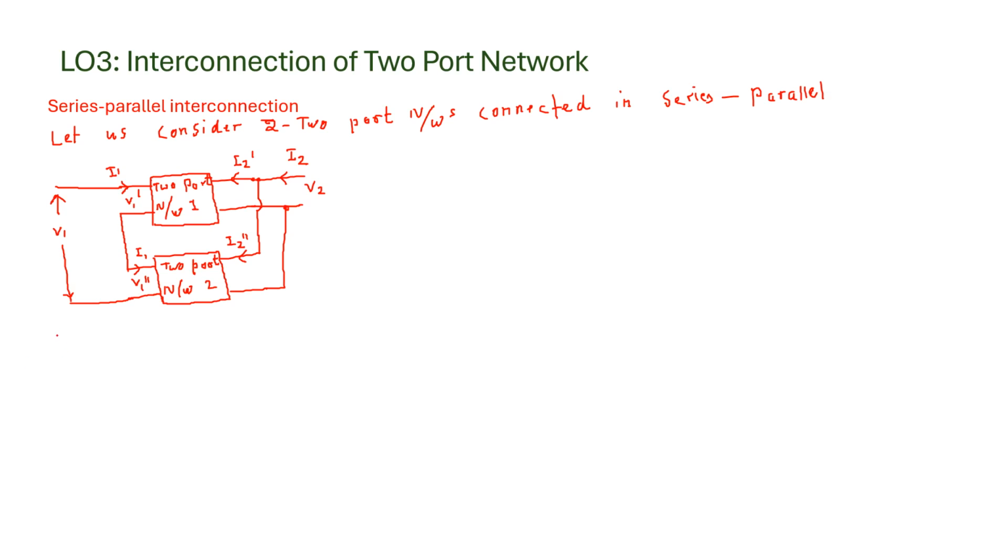Now let us define each of the ports. Two-port network 1 can be defined, now I will use the hybrid H parameter model.